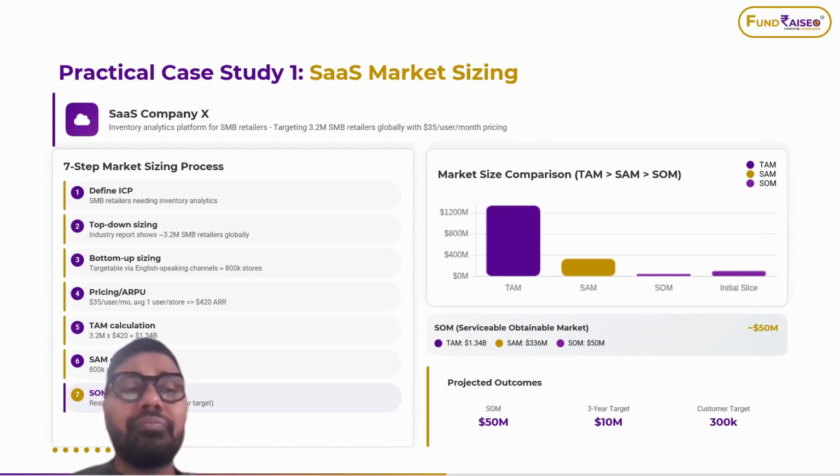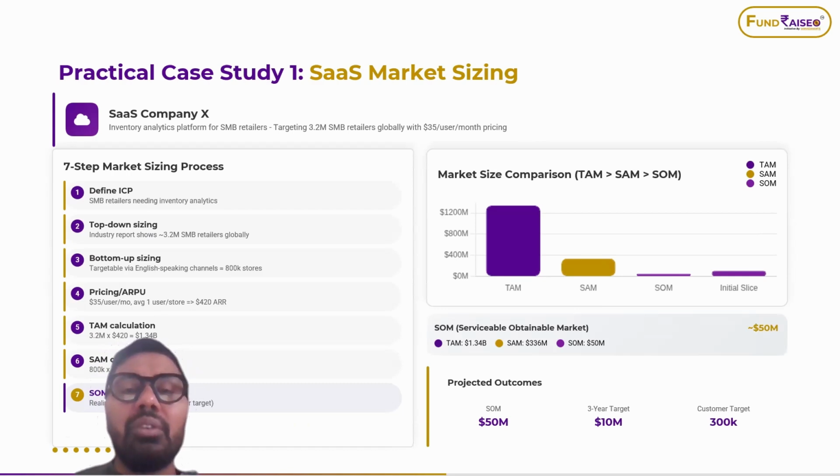What is a SAM? SAM is basically those SMB retailers who can be targeted via English-speaking channels. That came down to about 800K. So we multiplied 800K by 420 to bring it down to $336 million, which is 25% of the overall total addressable market.